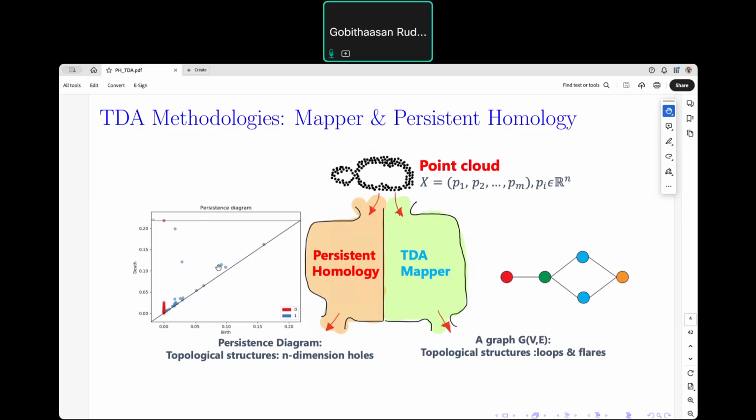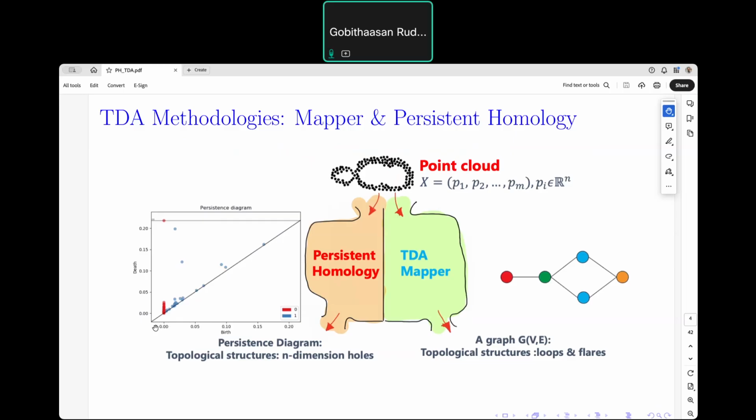On the left-hand side here, we can see the information of the zeroth Betti number, and the information of H1, the one-dimensional hole Betti numbers.